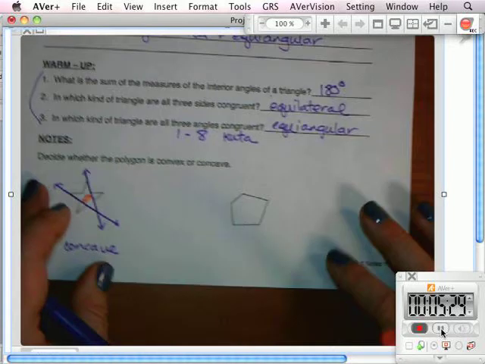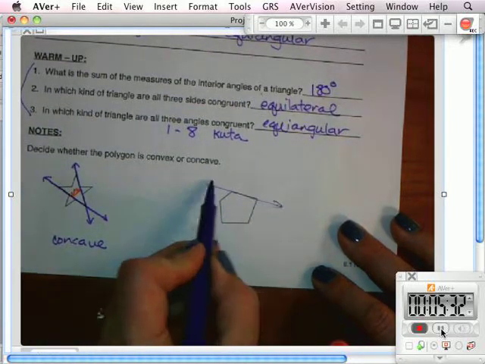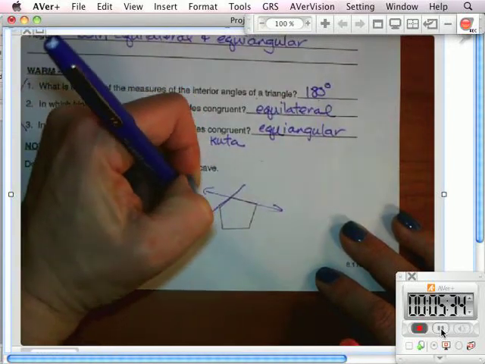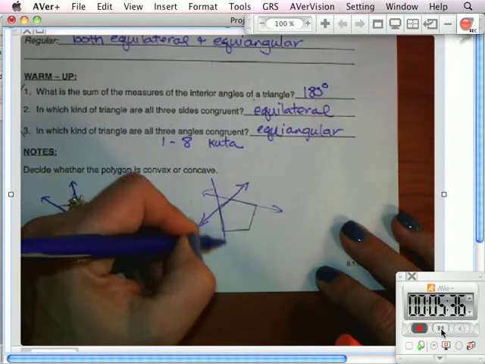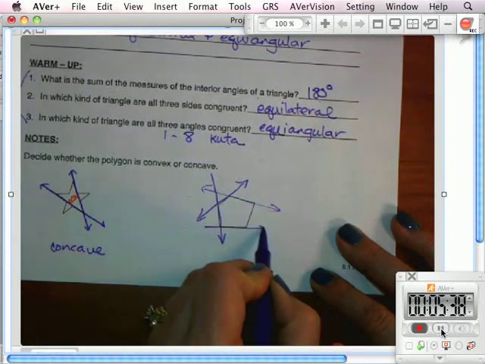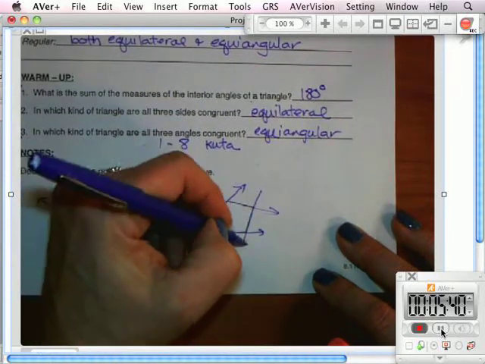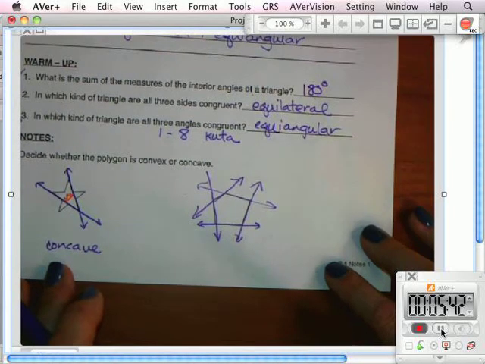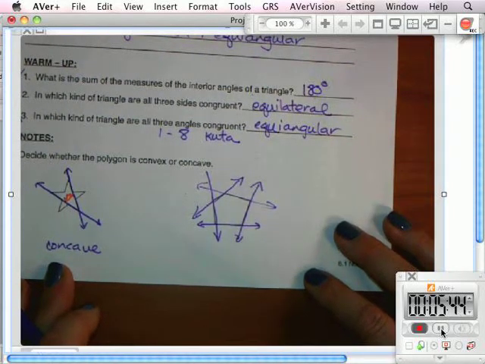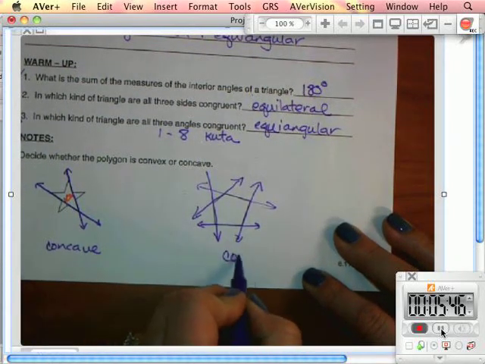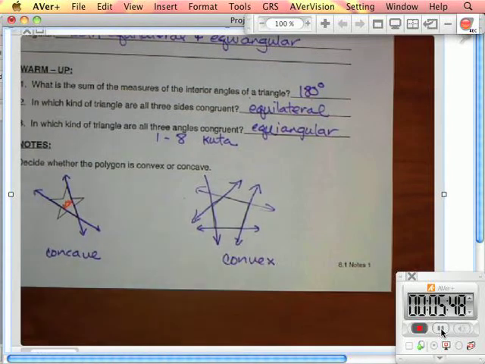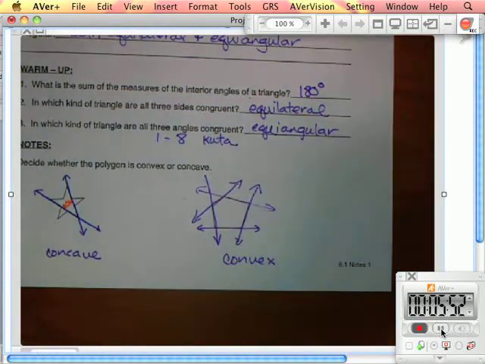All right, let's check this one. Boom. Nope, doesn't go through the interior. Nope, doesn't go through the interior. Nope. Nope. Oh, we're good. So this is a what? Convex. Convex polygon. Okay? Now what I want you to do is try 9 through 14 on that sheet.